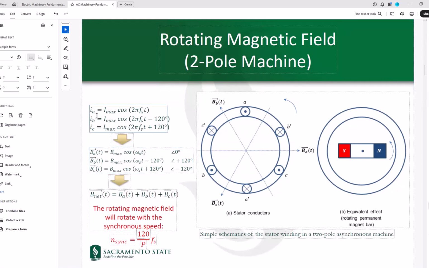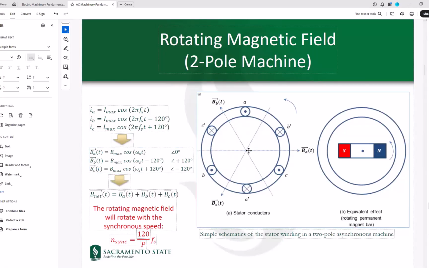Also, because these currents are time varying, your flux density would also be time varying. So it's not only a space vector in the sense that it has a specific direction. For example, for the flux density of phase A, this would be the direction of that vector, because it's at angle 0.